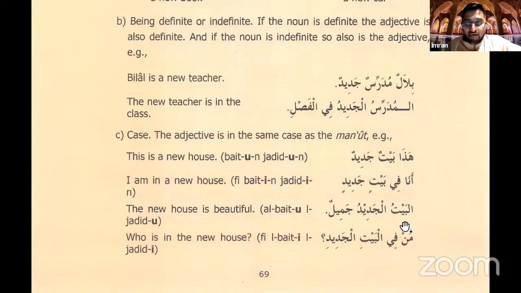Now, if I said al baytu jadidun without the alif lam, no longer making al jadidu the adjective for al baytu, the translation would be different: the house is new.